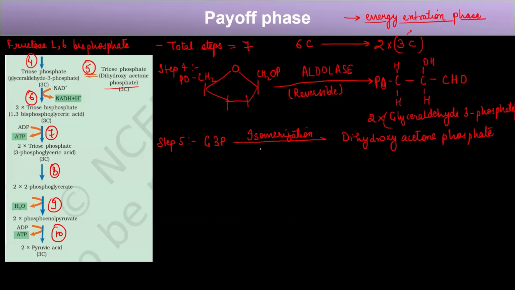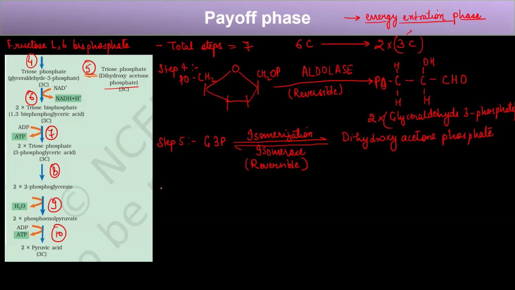This reaction is catalyzed by an isomerase enzyme because it's an isomerization reaction, and it is also reversible. Then ultimately dihydroxyacetone phosphate gets converted into glyceraldehyde 3-phosphate.